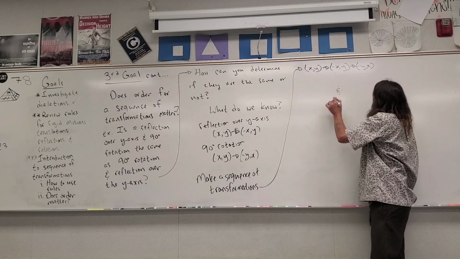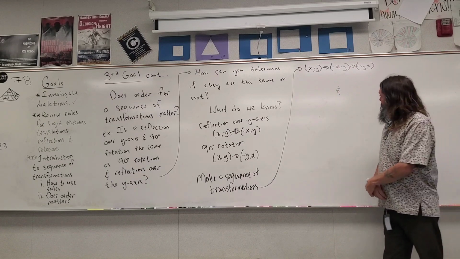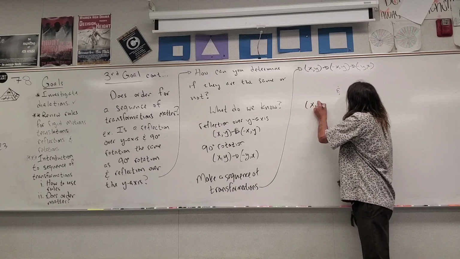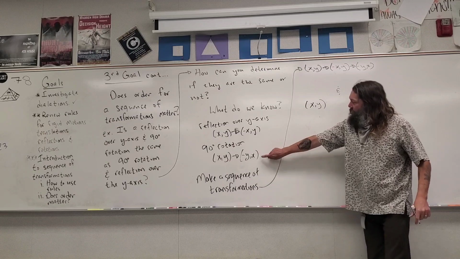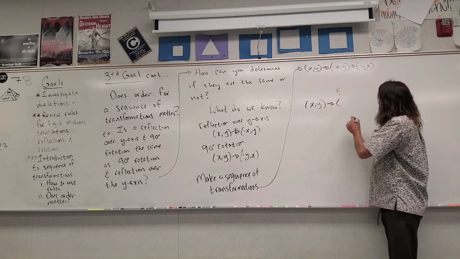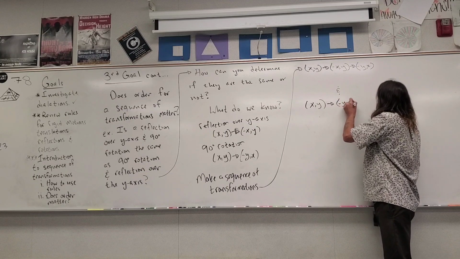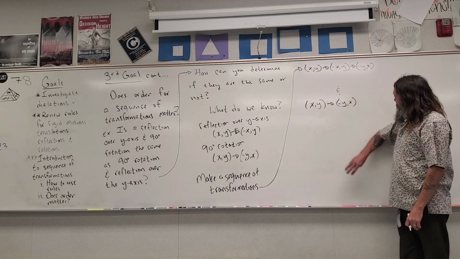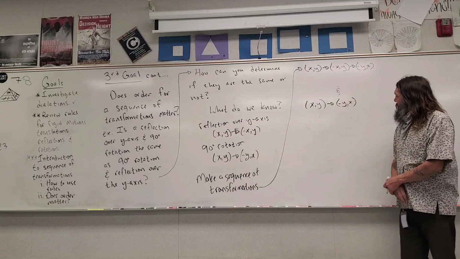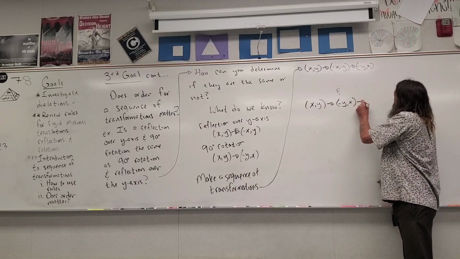My other possible order for a sequence of transformations would be that x, y now rotates to negative y, x. And then whatever I have from here, I now do my reflection and I change the sign of the x, and I get this.